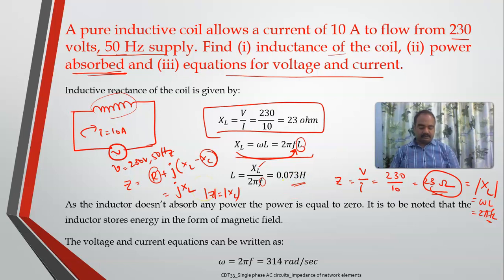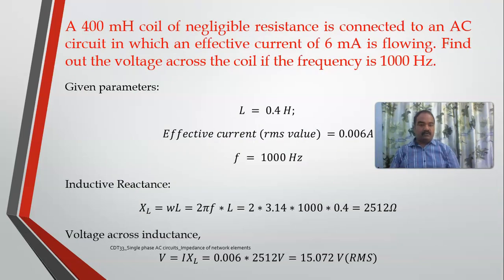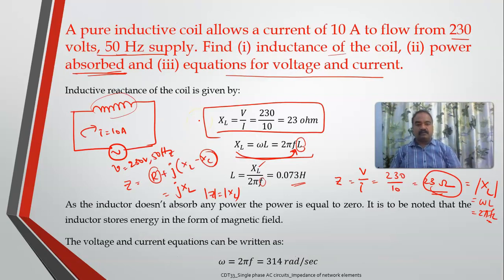Right. Now, if you want to determine the equations for voltage and current, how will you write them? V is equal to Vm sin omega t. But here for the current, since there is a pure inductor, it is Im sin(omega t minus pi by 2). I have told you in the last video.